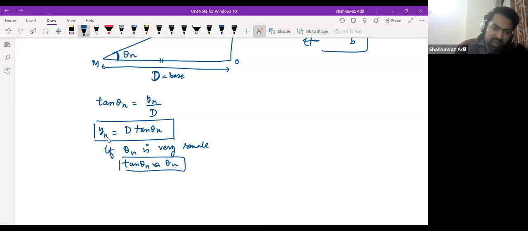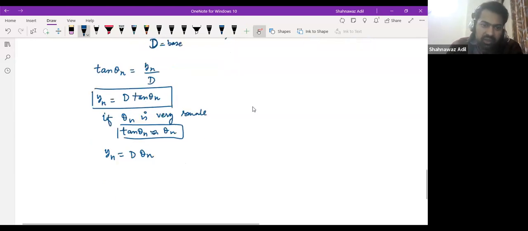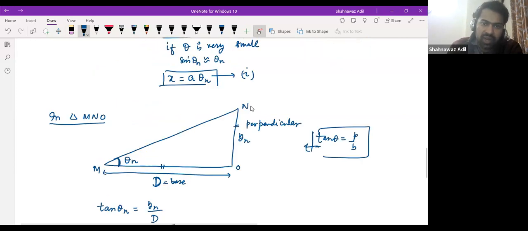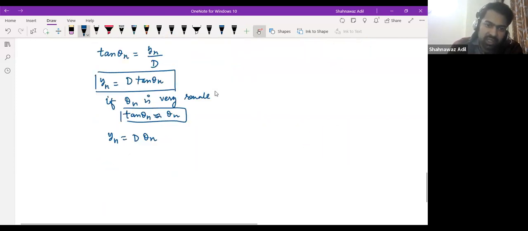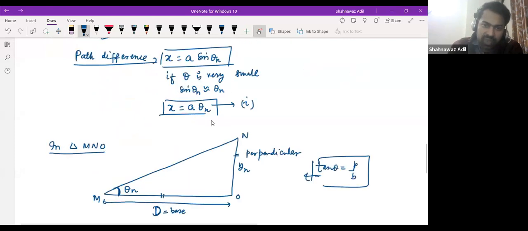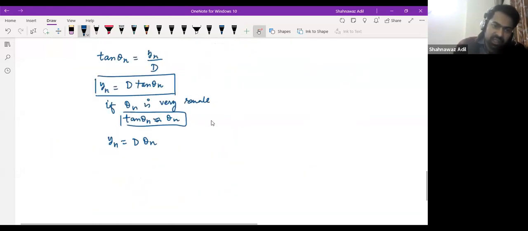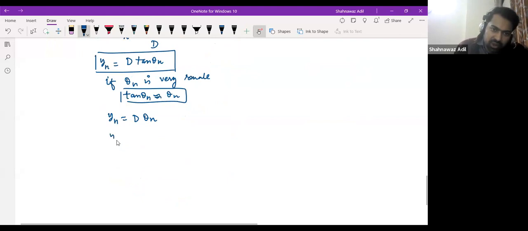So then we can write this yn as d theta n. And we have already found the value of theta n. So if you put the value of theta n in here, yn would be dx by a.